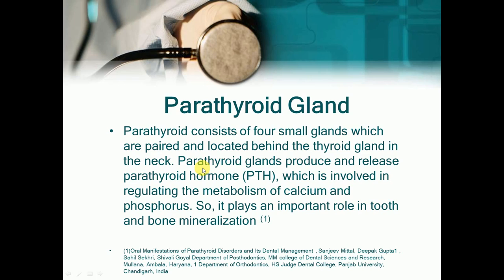The parathyroid glands produce and release a hormone that is called parathyroid hormone, or PTH, or parathormone, which is involved in regulating the metabolism of calcium and phosphorus. So it also plays an important role in tooth and bone mineralization.